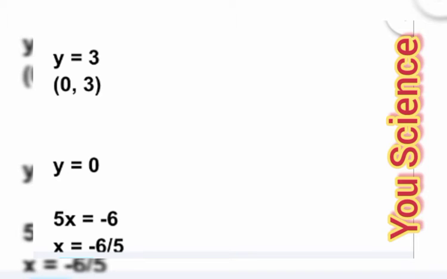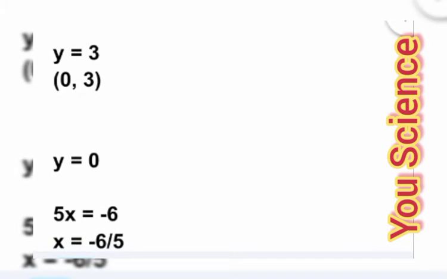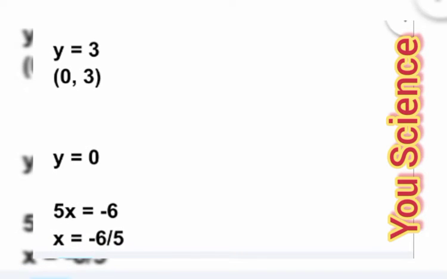From there, 5x is equal to minus 6. Dividing both sides by 5, I have x equals minus 6 over 5. So the coordinate of the x-intercept is (minus 6 over 5, 0).